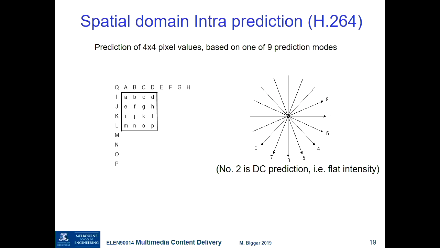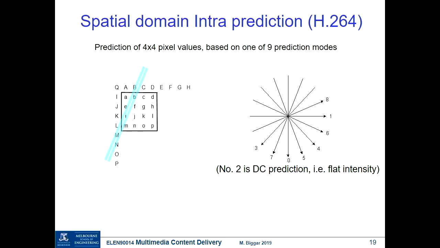So suppose, for instance, that there's some sort of an object, an edge or something, that's aligned more or less in that direction, just to illustrate it. Then the encoder would hopefully be able to recognize that that is most accurately predicted using prediction mode 7. Right? That's about the right angle.